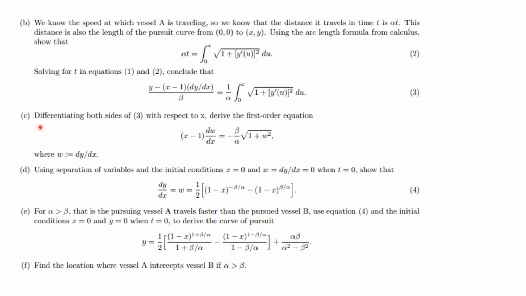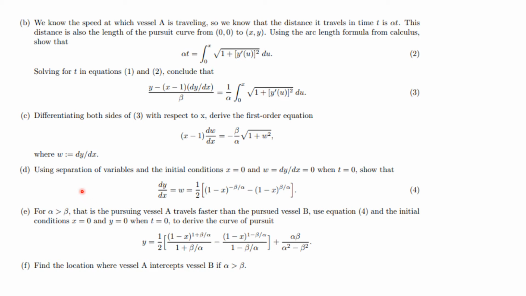Then what you should do is differentiate both sides of 3 with respect to x, and so there you're deriving a first order differential equation. (x minus 1) times dw/dx is equal to minus beta over alpha, the square root of 1 plus w squared, where w is equal to dy/dx.